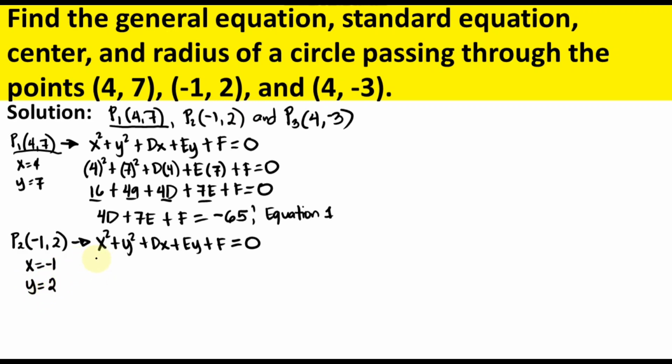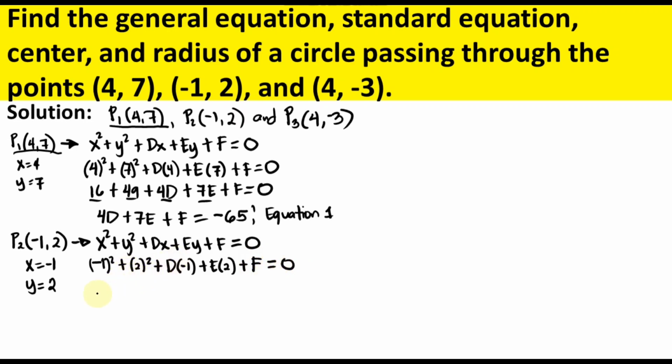I-substitute natin. So ang value ng x is negative 1, so magiging negative 1 raised to 2 plus ang value ng y is 2, so 2 raised to 2 plus d times negative 1 plus e times 2 plus f equals 0.